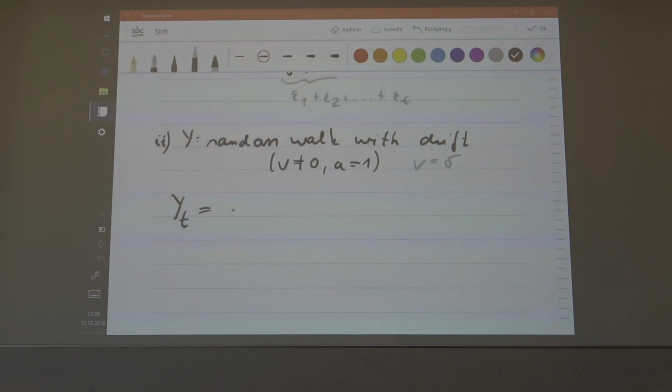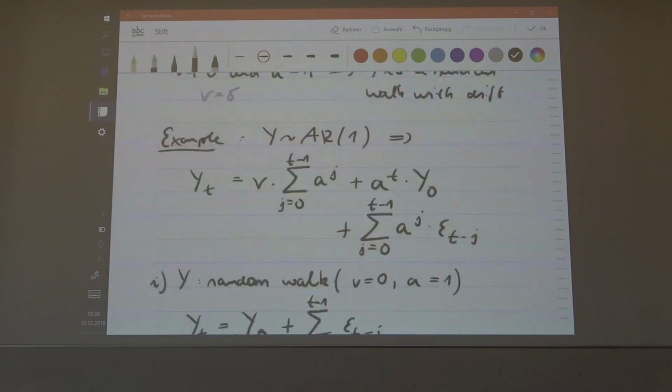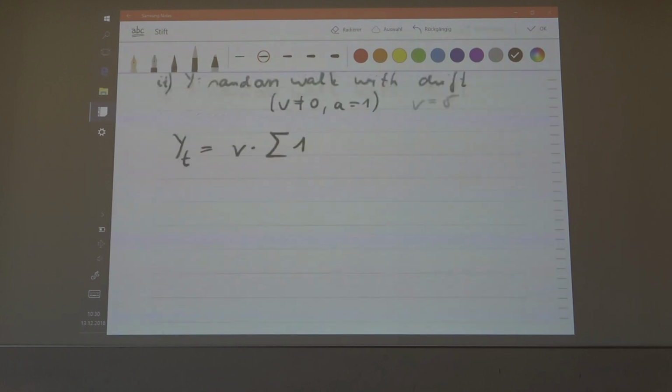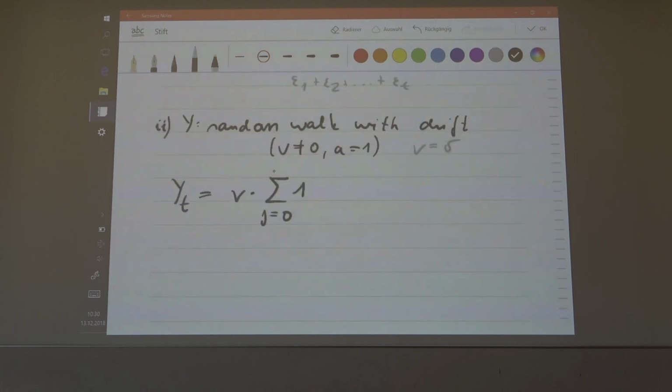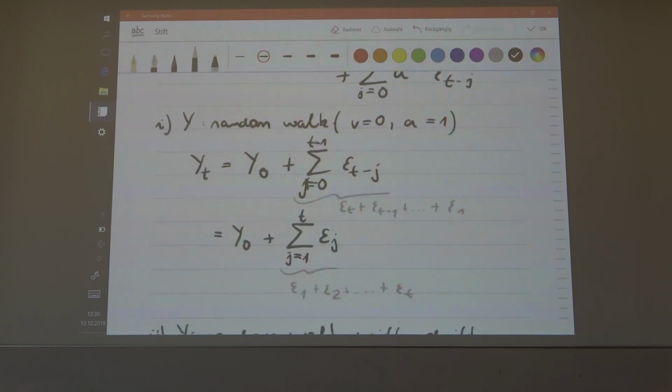So in that case, this representation v times the sum becomes the following. So you have v times the sum, and since a is equal to 1, you have 1 to the power of j, which is of course obviously equal to 1. So it's j starting at 0 to t minus 1. Okay, and you can add j here, but you don't really have to because it doesn't change. And you're going to have the starting value.